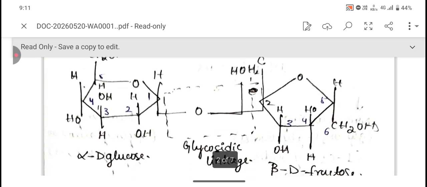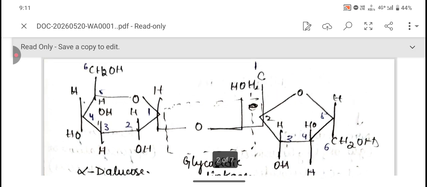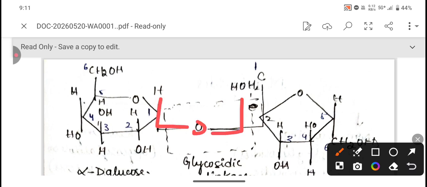So let's see some examples of glycosidic linkage. This is the structure of a disaccharide having the linkage between alpha D glucose and beta D fructose. If you observe this structure, the glycosidic bond is present between C1 and C1.